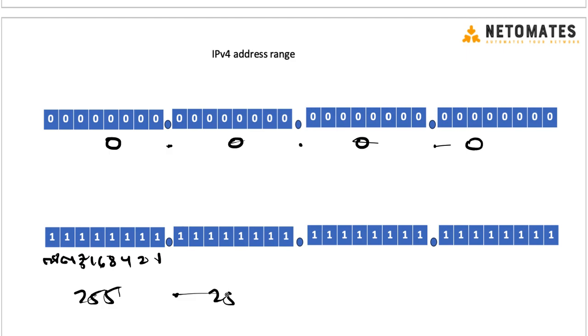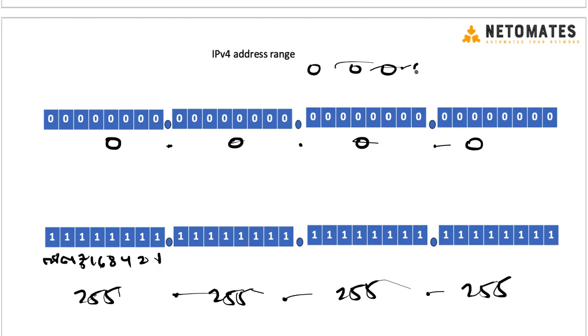So the highest possible IP address value will be 255. The IP address range starts from the lowest, 0.0.0.0, and the highest is 255.255.255.255.